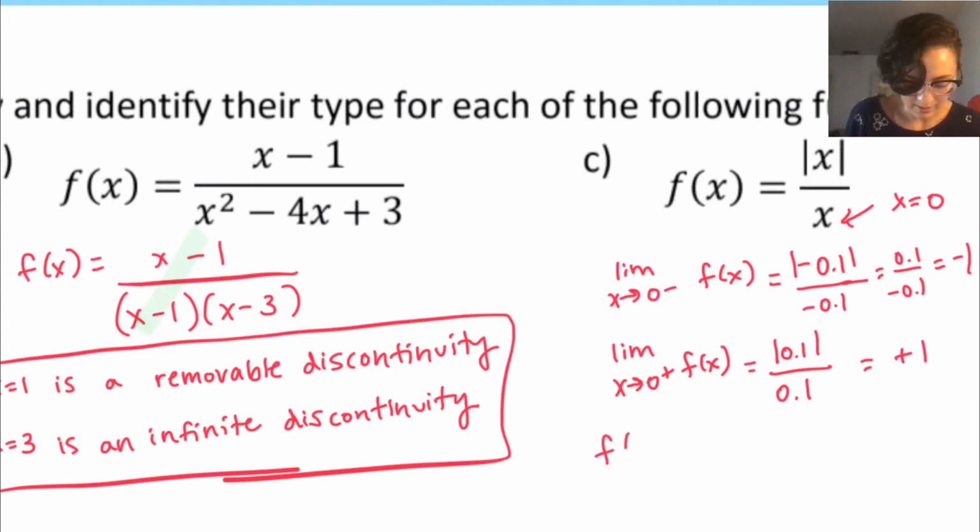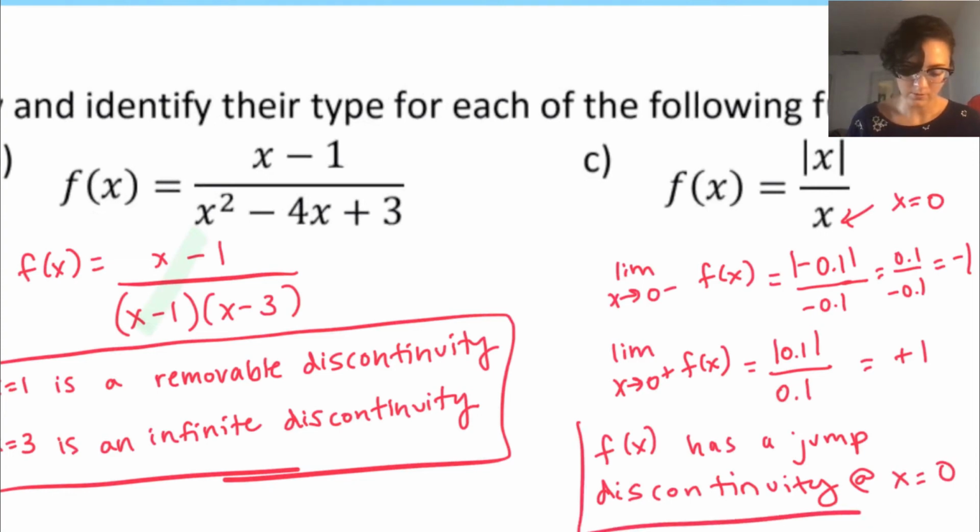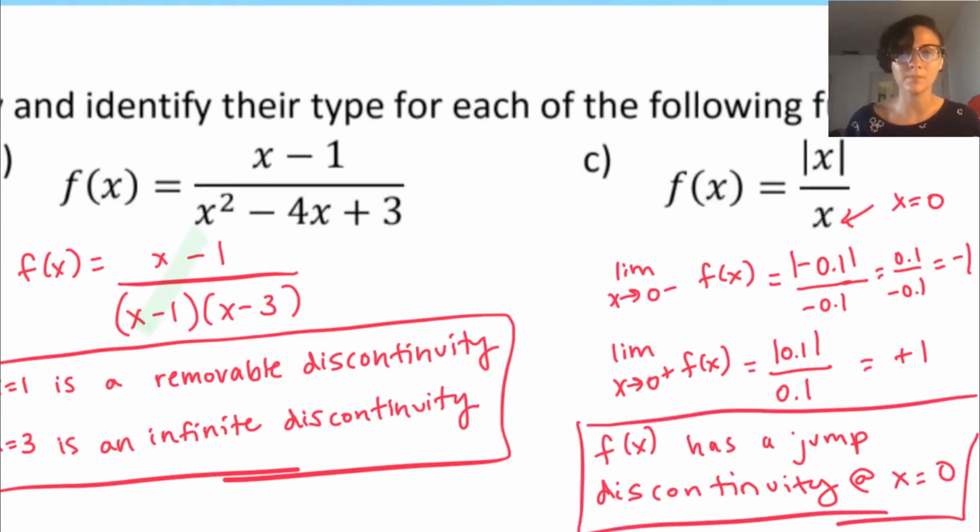So f of x has a jump discontinuity at x equals 0. So when x equals 0, there's a jump.